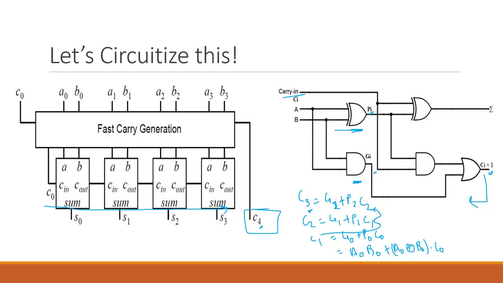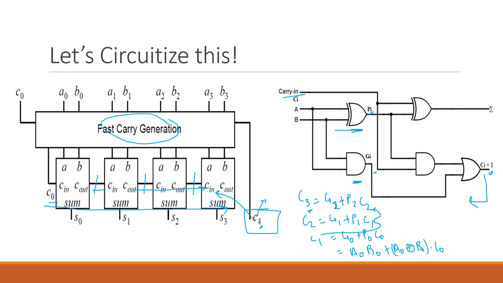Always when you get a problem, we try to understand what the problem is first. Here the problem was that you have to find this C4 as fast as possible. The main bottleneck was this dependency that came over here. So we tried to find ways to eliminate this dependency of C4.